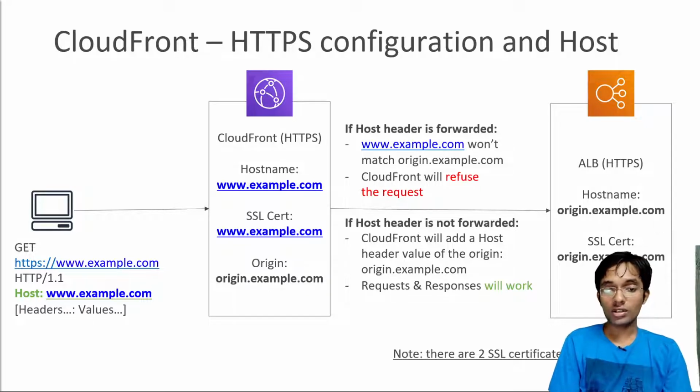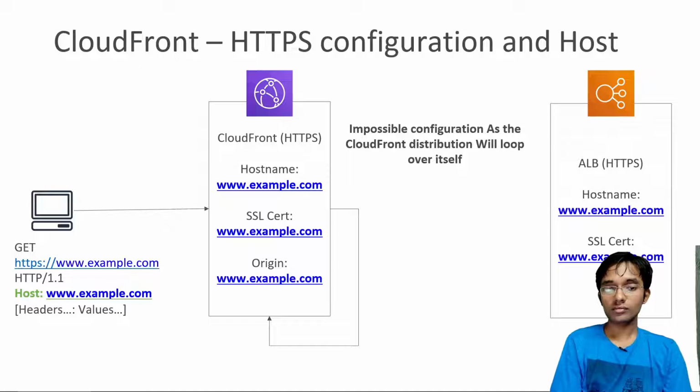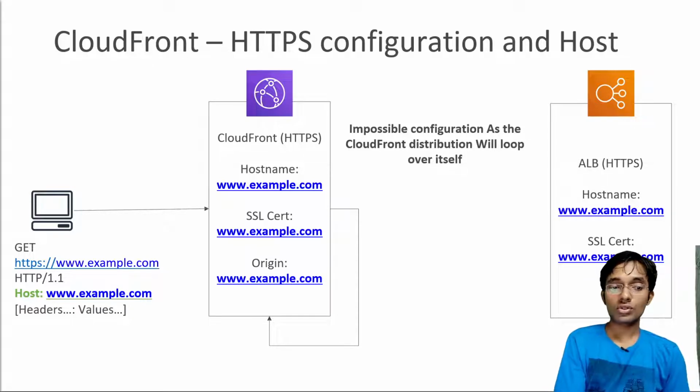Now what if we have another configuration? So our client talks to CloudFront, and this time CloudFront has the exact same configuration as before, so everything is good. But if we look at the origin now, the ALB, because we only want to have one SSL certificate, we configure the ALB with the host name www.example.com and the SSL certificate to be www.example.com.